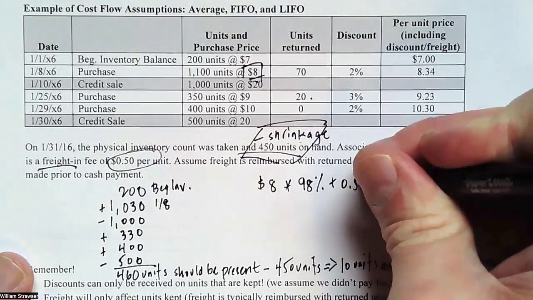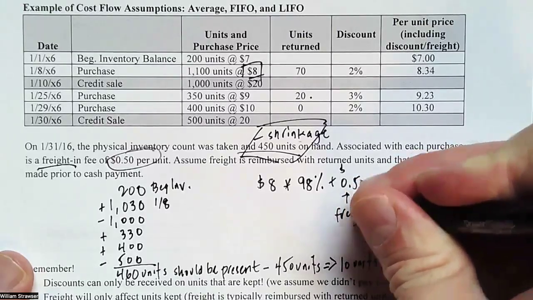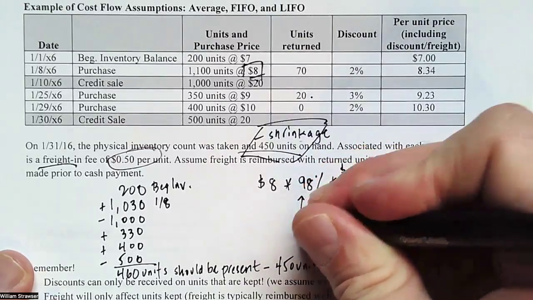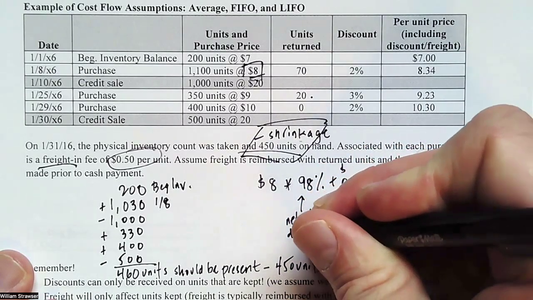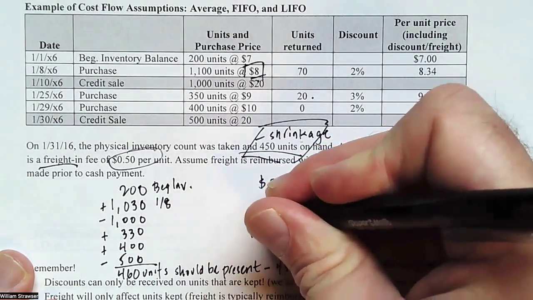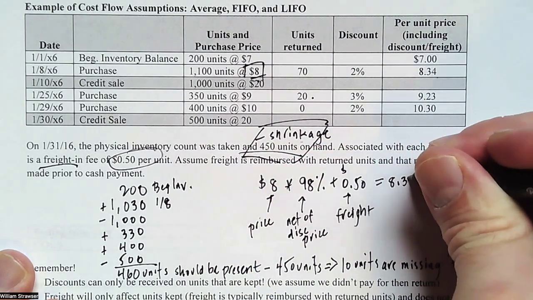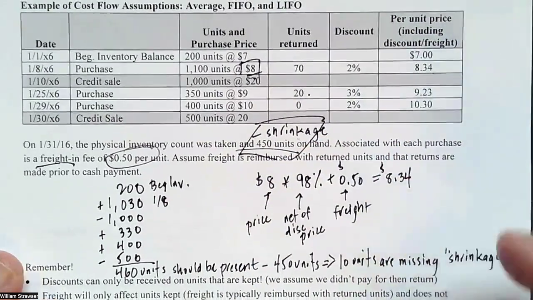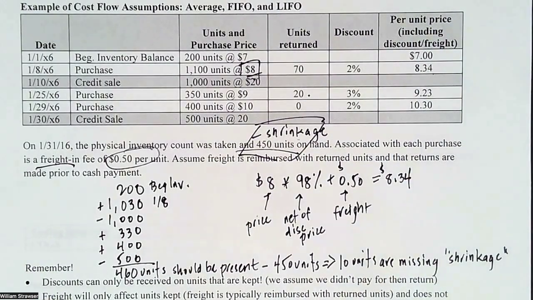And that's all that we're doing here to get the price per unit in this case of $8.34. So just be sure you try it, and that you can do it with these other ones. Check your math, make sure that you're doing it right, order of operations and whatnot.